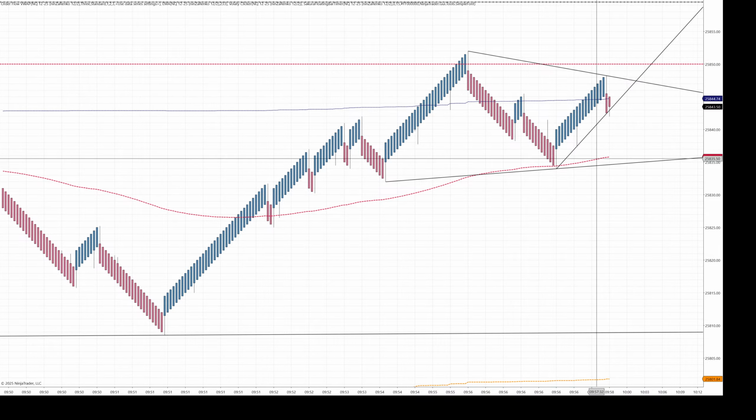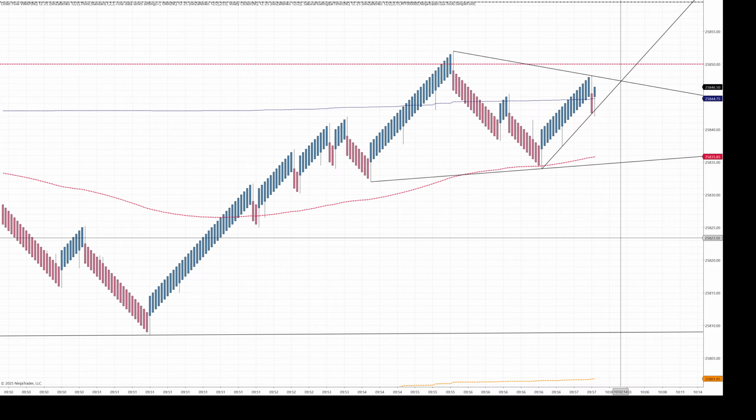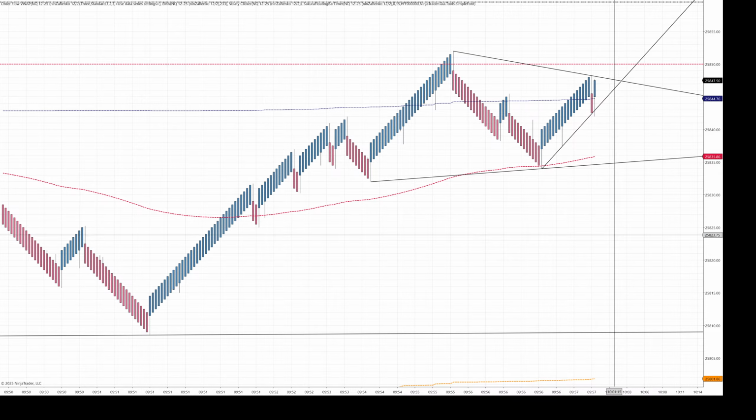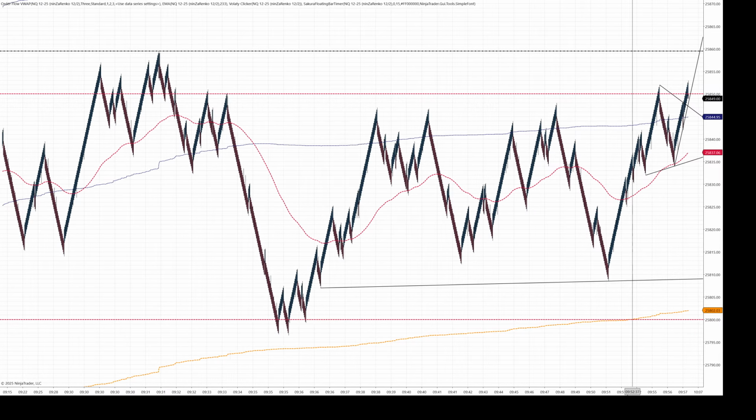Now our downward trend line looks like this. Looks like we want to go and retest the all-time high again, potentially.